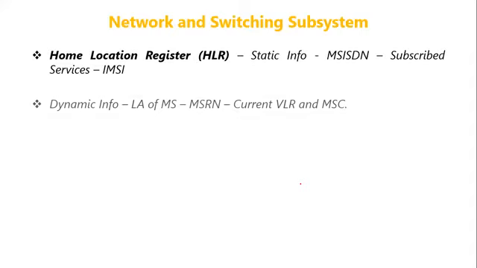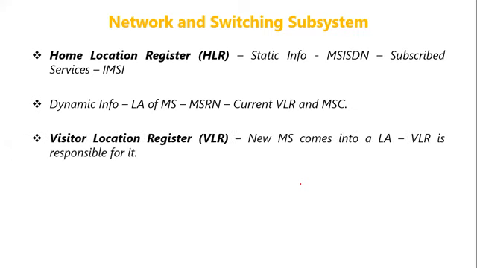The next register available in the network and switching subsystem is the HLR. HLR stands for Home Location Register. It stores all user relevant information, which comprises some static information and some dynamic information.